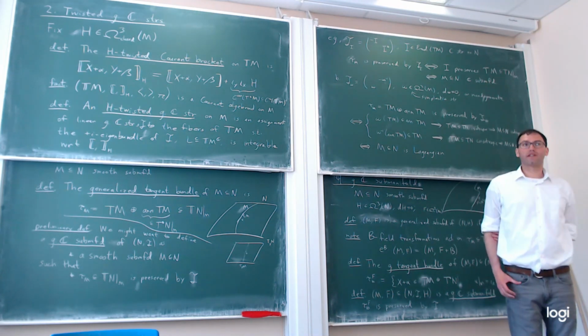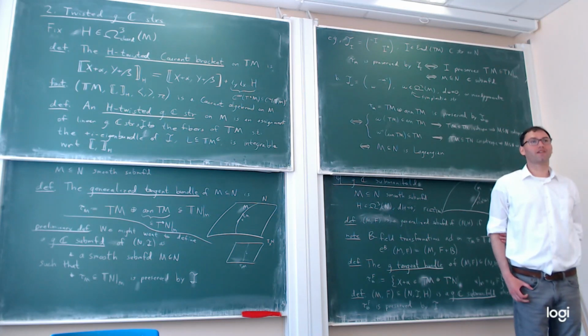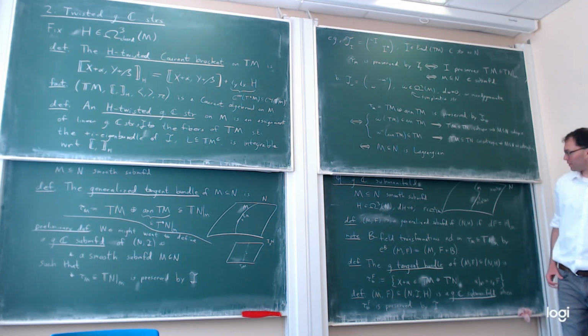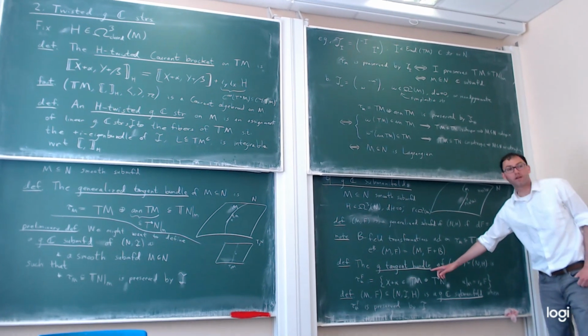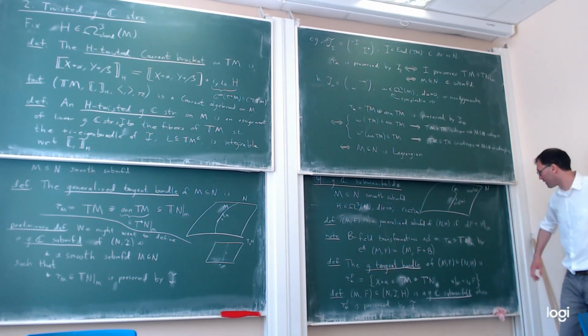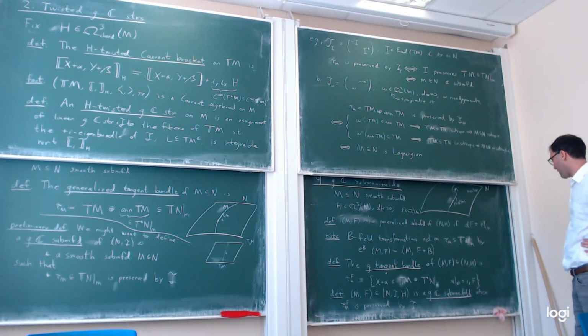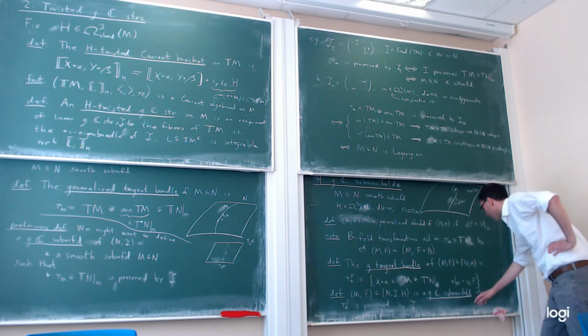All right, so are there any questions? In the definition of generalized manifold, when alpha restricts to M, it means to TM. Yes, that's right.